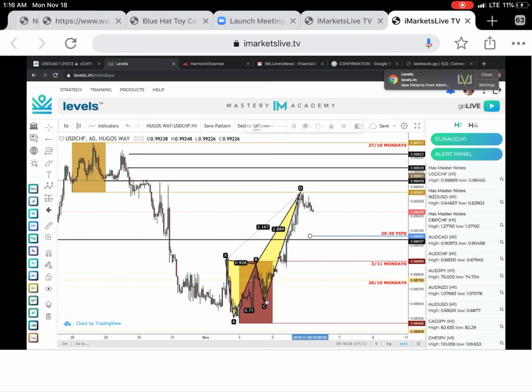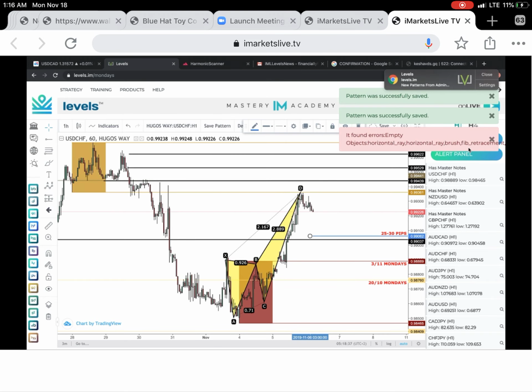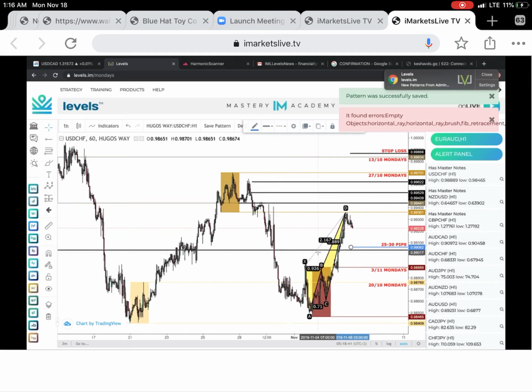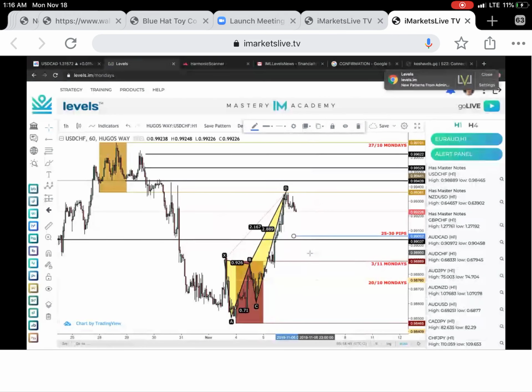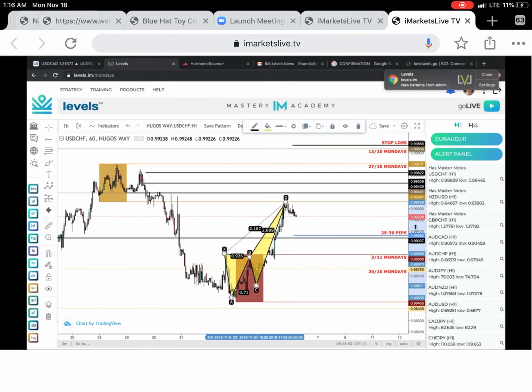Save. I don't have a fair retracement on here, and I'll just take this off and see what happens. So we got our 25 to 30 here.